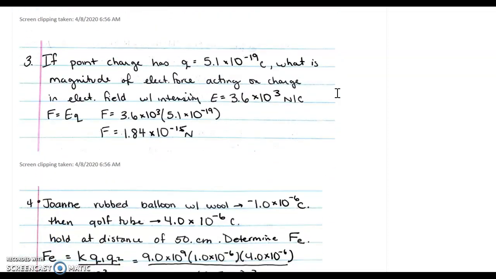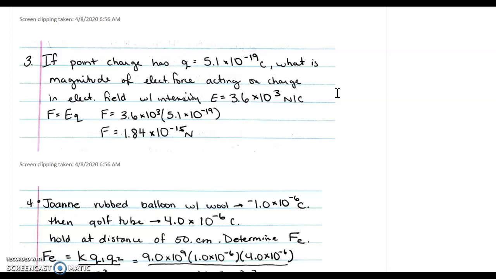Number 3, if a point charge, so we're not talking about an electron or a proton here, we're just talking about a charge as a point. What is the magnitude of the electric force acting on that charge in an electric field with an intensity of 3.6 times 10 to the 3rd?